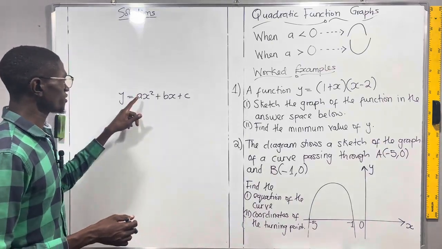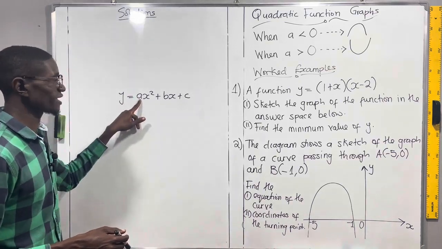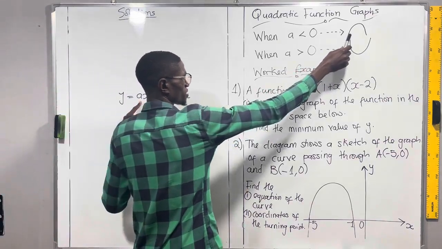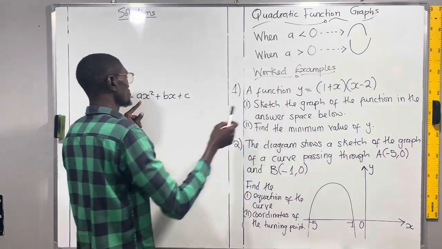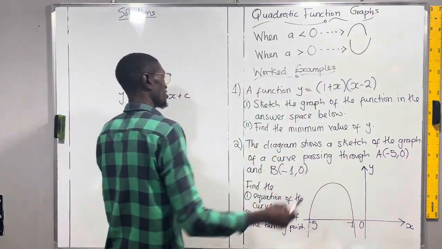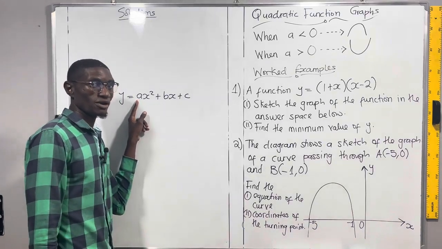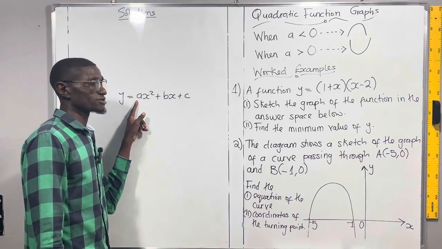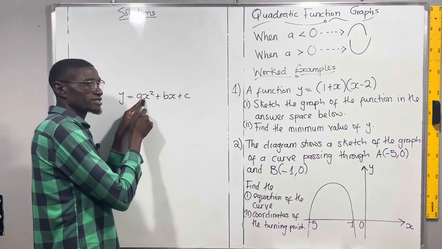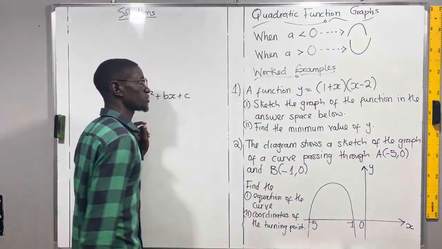So according to the function of the graph, if the value of a is greater than 0, then it's going to be a smile. If the value of a is less than 0, then it's going to be a what? A frown. Now what are examples of numbers that are less than 0? All negative numbers are less than 0. So if the coefficient of x squared is a negative number, you know your graph is going to be a frown.